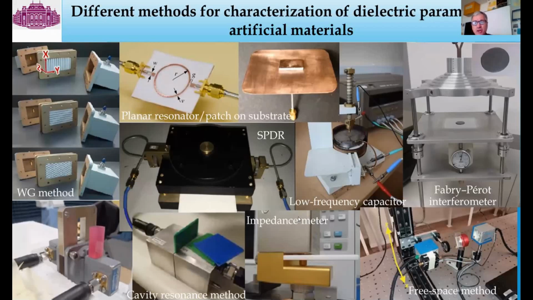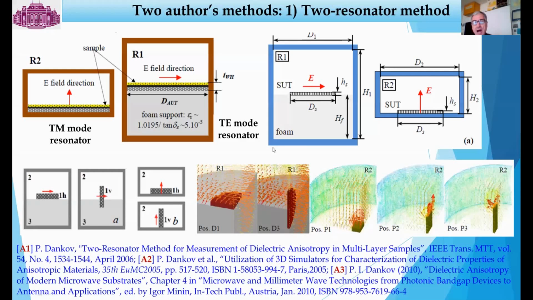There exist a lot of methods for measurement of artificial materials. We have two author's methods. One of them is called the two resonator method. Even at the moment, I am working nearby with this method to test a new material.